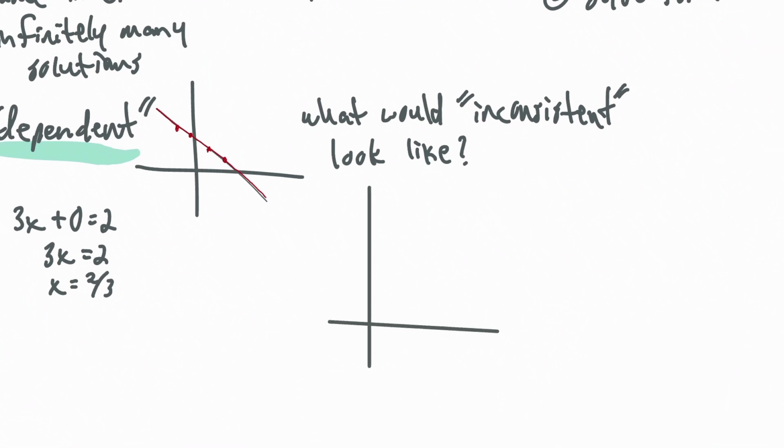So in an inconsistent system, you're going to have two lines, one like this and then one like this, and they're parallel. So in an inconsistent system, the lines are parallel. When you have two equations with two variables, like I had alluded to earlier, you can do this same algebra with 3 equations, 4 equations, 5 equations.